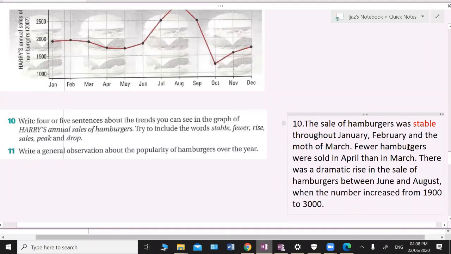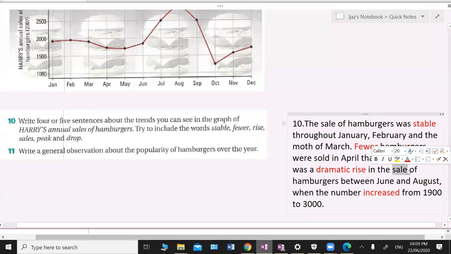We use the word stable, fewer, use the word fewer. There was a dramatic rise, and when the number increased. So here we have used almost all the words which we were supposed to use. Stable, yeah, we have used stable. Fewer, there was a dramatic rise, yes. Sales, yes, we have used the word sale.